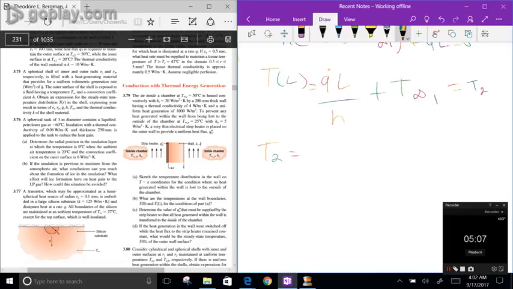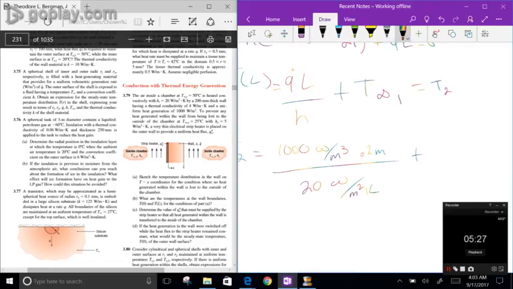T2 equals 1,000 watts per meter cubed times 0.2 meters over 20 watts per meter squared Kelvin, plus T infinity inside.